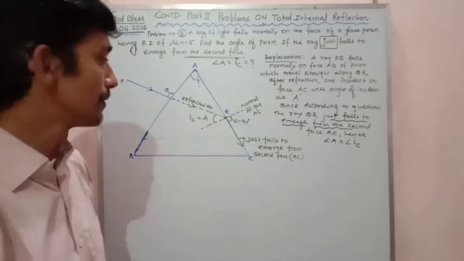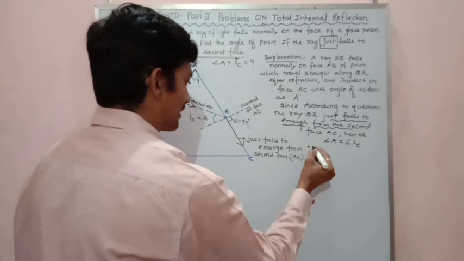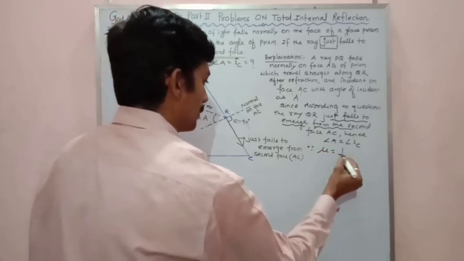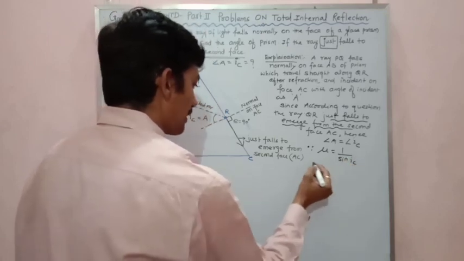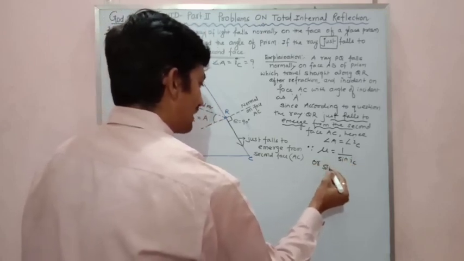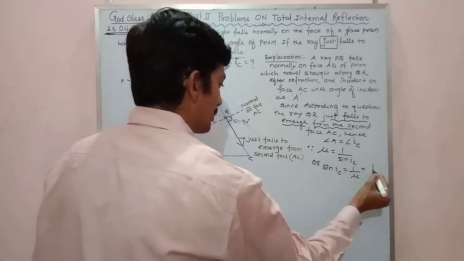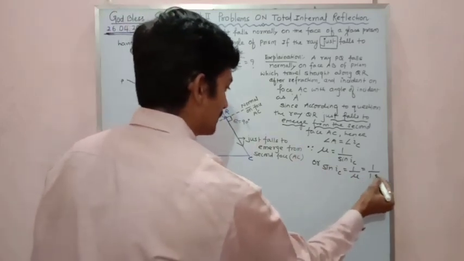So now my dear, since angle A is IC, you know that mu is equal to 1 upon sin IC, or sin IC is equal to 1 upon mu, and mu is given as 1.5.